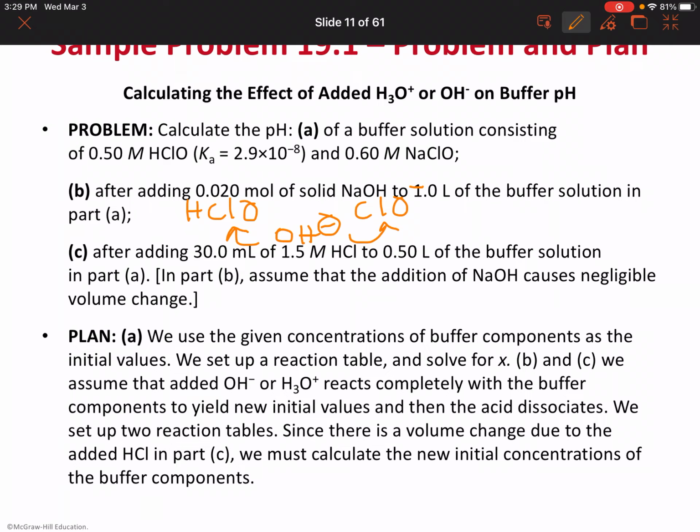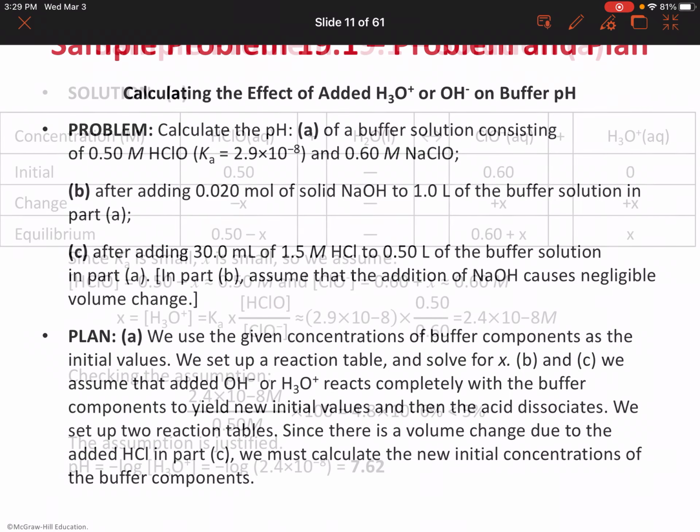Base doesn't react with base, right? So this hydroxide ion is going to react with the acid component of the buffer. So for this part, you're going to react the acid component HClO plus hydroxide ion. Then we have to develop an ice table for that.